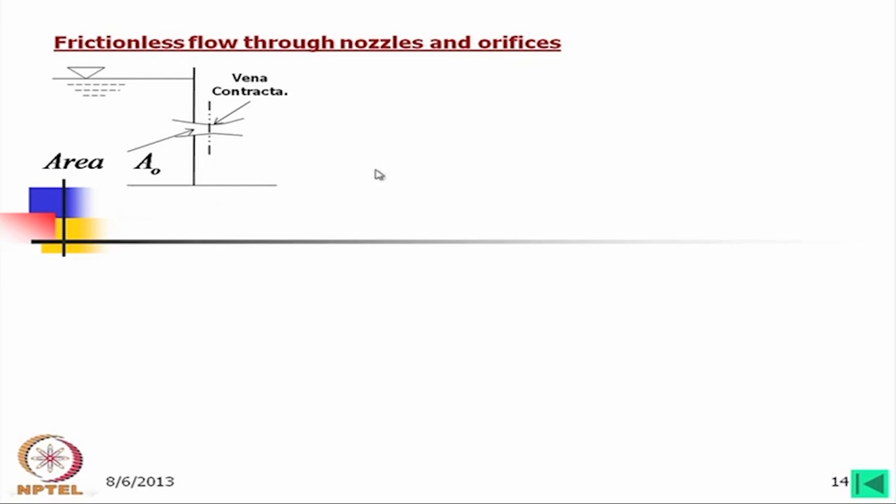Now, this is known theory to you. You will find that oil will flow out, and the stream will have a little less area than the orifice area at a certain distance, and then again this area will increase. The minimum area, as you know, is called vena contracta.